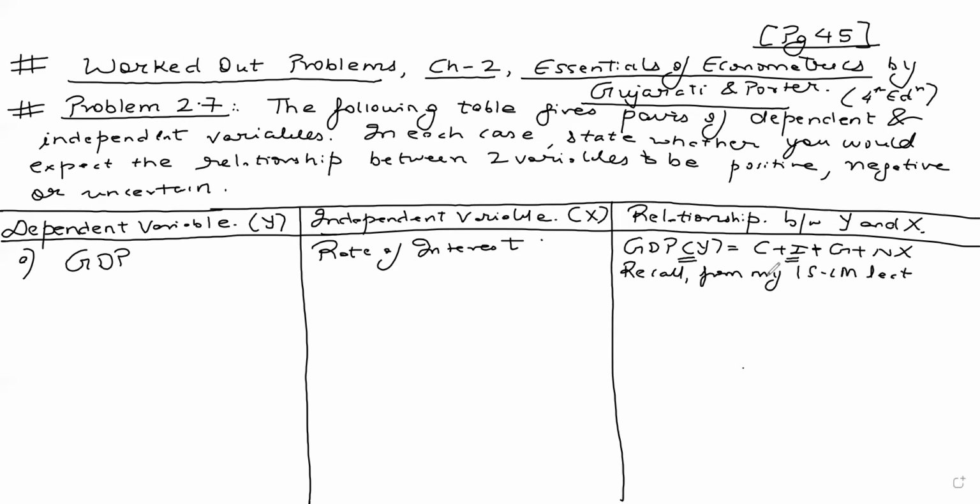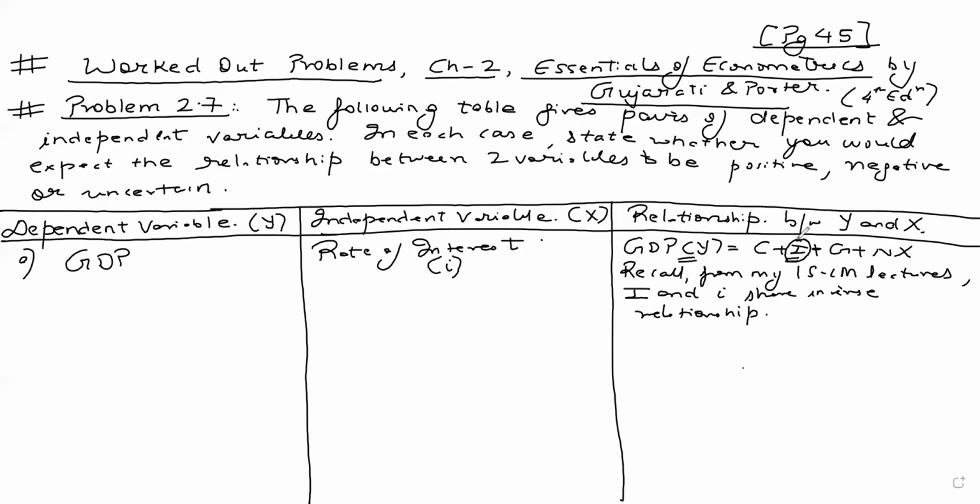Recall from our ISLM lectures that investment and interest rate, suppose I denote the interest rate by small i, share an inverse relationship. Because all of us know that when the interest rate goes up, firms are going to reduce the investment, because if firms go to the banks for funding in order to make investments, when banks increase the interest rates, the cost of borrowing from the bank goes up. As a result, firms are going to reduce their investment. So we can say that capital I and small i share an inverse relationship.